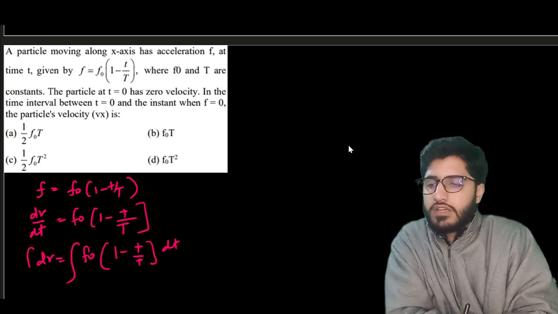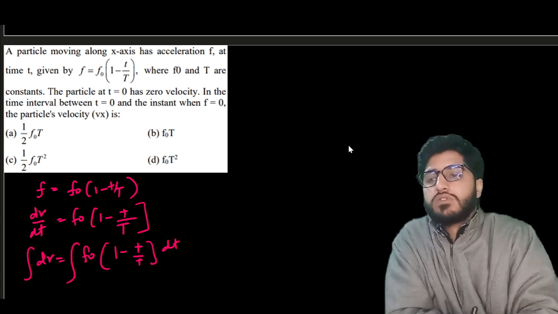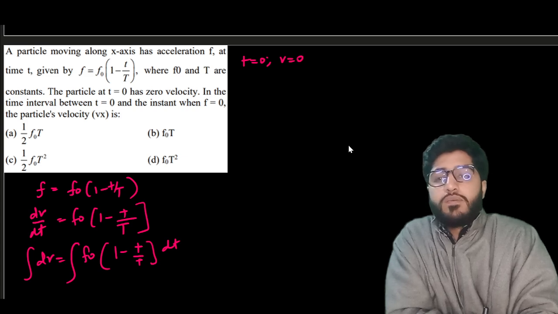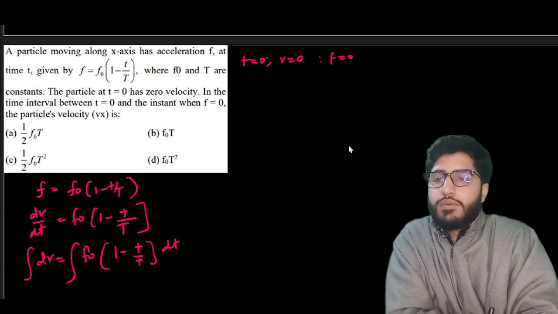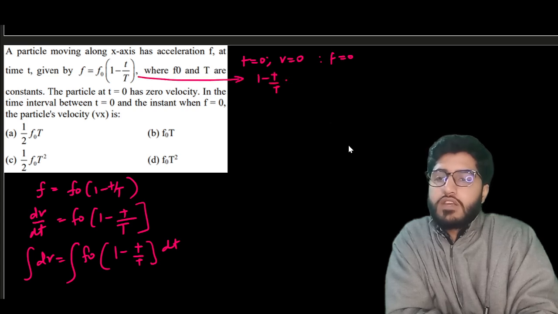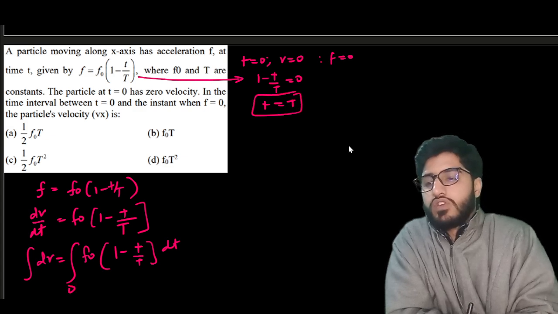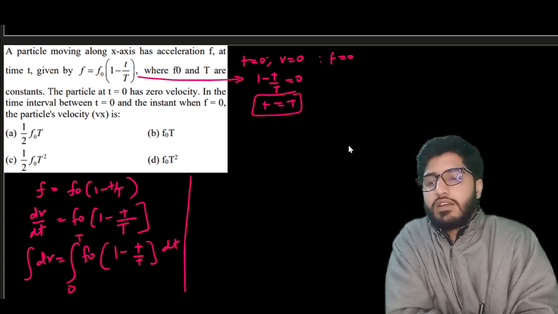I need to integrate it, but we don't know the timings, right? At t equals 0, v equals 0. When f will be 0, from this equation, 1 minus t by T equals 0. So my t will be T. So 0 to T are my limits, right?